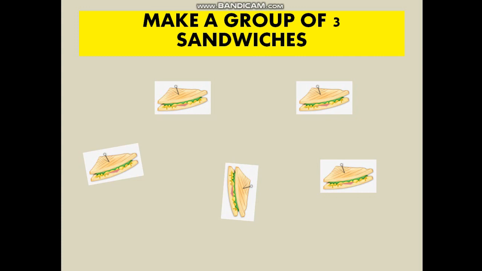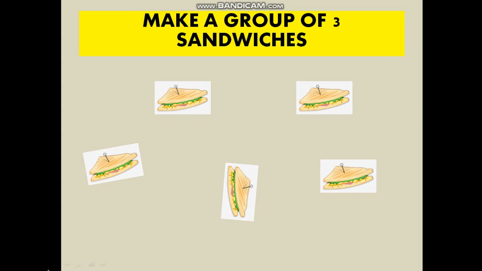In this, I had asked you to make a group of 3 sandwiches. Now, this is a rule that you can make the group from anywhere. The only thing is that the number of objects inside the group should be correct.